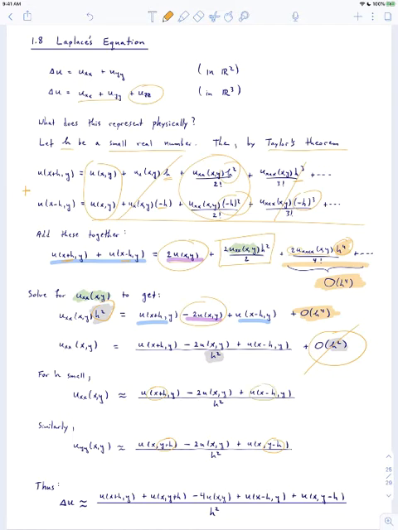So if we add these two terms together, here we have the second partial with respect to x, and here we have the second partial with respect to y. If we add those together, that's going to give us the two-dimensional Laplacian of u. So that's approximately equal to the sum of these two fractions. Notice they have the same denominator, so we can just add them together.